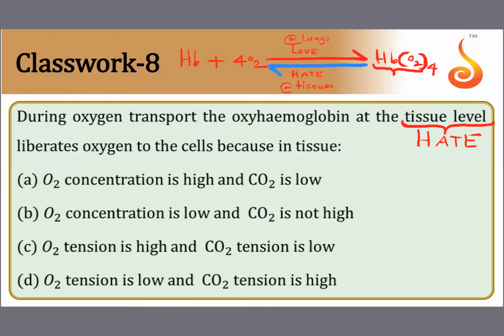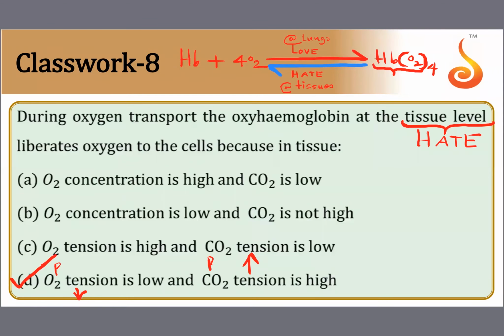What breeds this hate in the tissue level, which makes hemoglobin and oxygen hate each other, so that hemoglobin gives away the oxygen so that oxygen can go to the tissues? Very good. It is the last option, isn't it? At your tissues, partial pressure of oxygen is very low and partial pressure of carbon dioxide is very high.